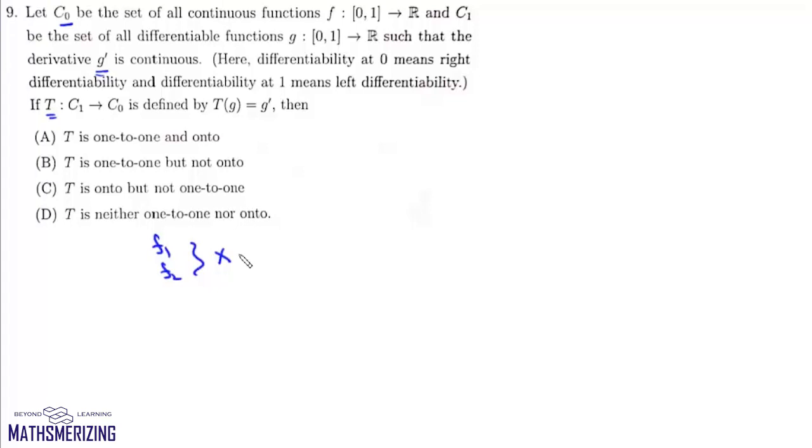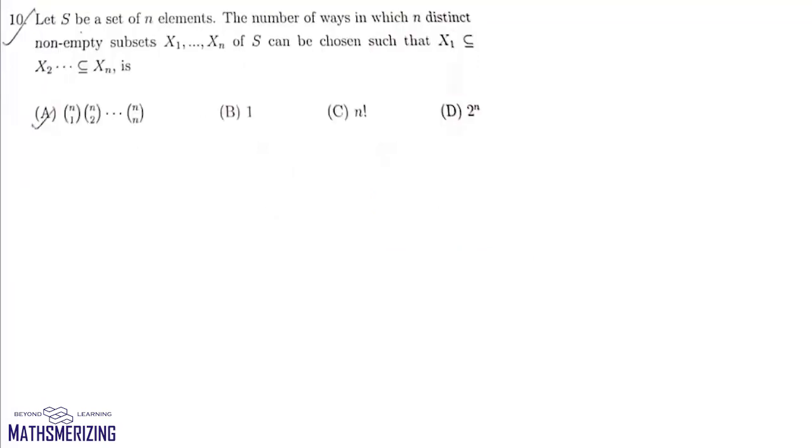The fundamental theorem of calculus says for any f in C0, we can define a function Fx which is given by the integral from 0 to x of ft dt. And in this case, this F is the inverse image of f under t. That means this function t is an onto function. So this function t is onto but not one-to-one, and that's your option C.